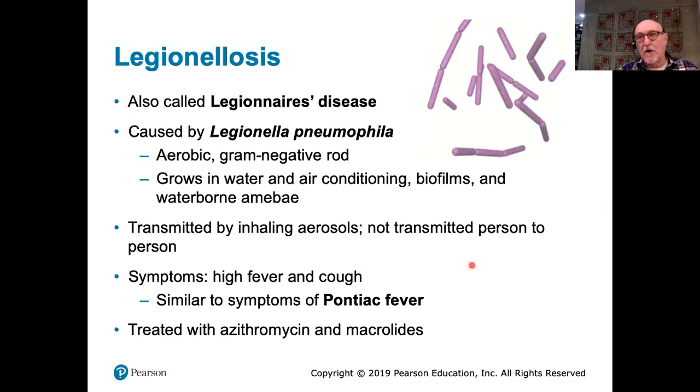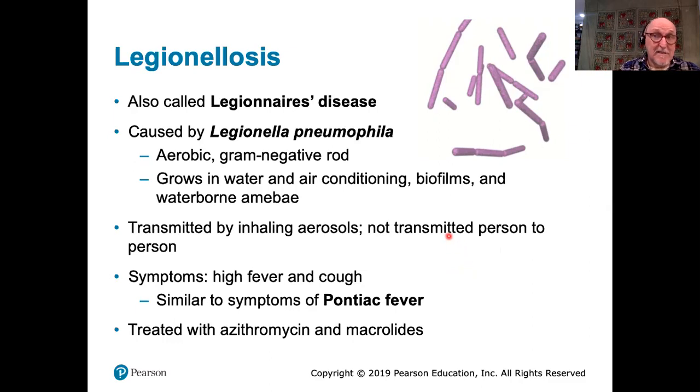And this was recognized when there was a convention of American Legionnaires, veterans, all elderly gentlemen meeting in Philadelphia. A large number of them suddenly became ill, and a large number of them died.